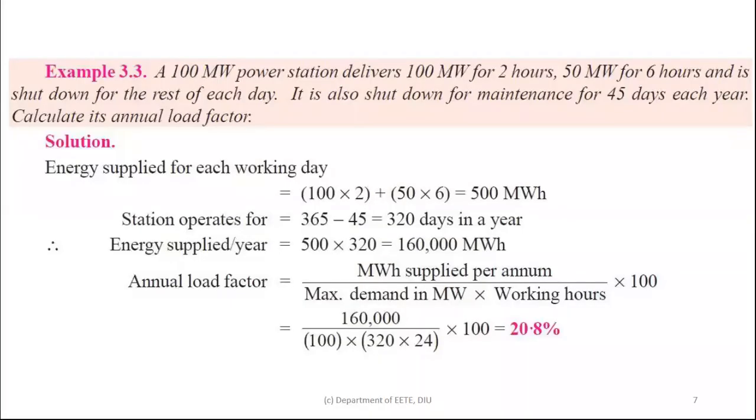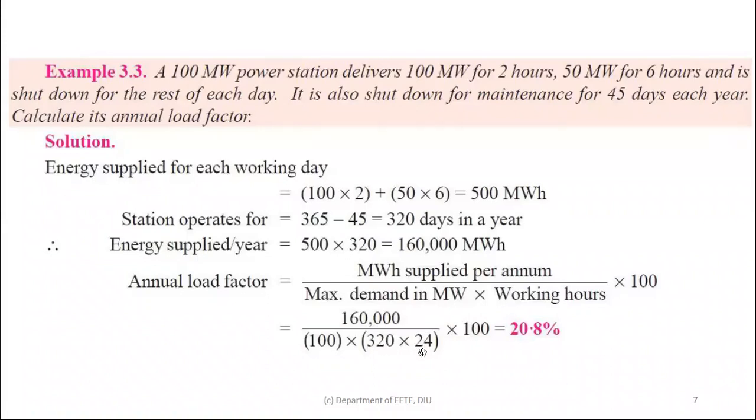Don't get confused by the 8,760. Yes, if the power station had operated throughout the whole year, then it was true. But here the 45 days have been stopped. That's why the working hours will be 320 days into 24.